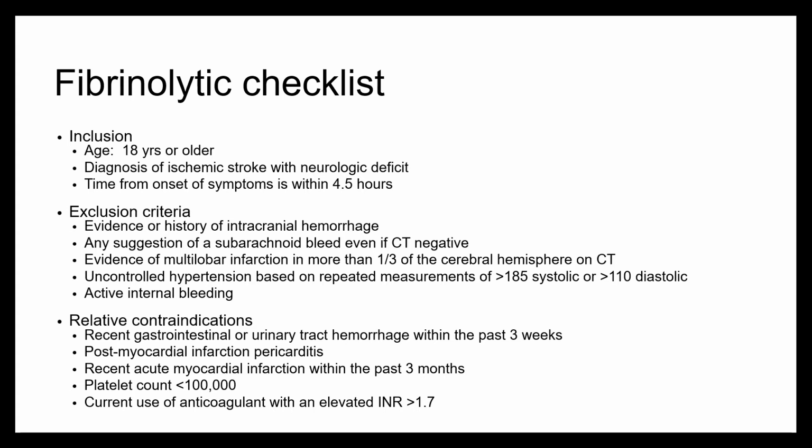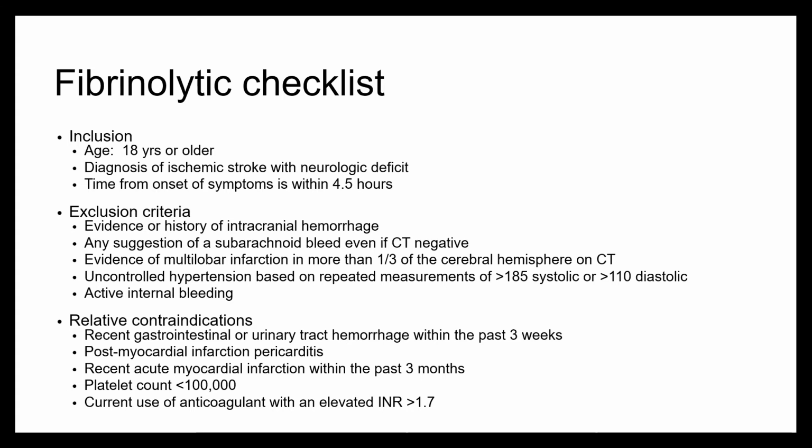There also needs to be some blood testing done to check for any potential coagulation disorders. They need to be screened for any recent history of gastrointestinal bleeding, any recent history of a stroke or head trauma within the last 3 months, or any major surgery within the last 14 days.